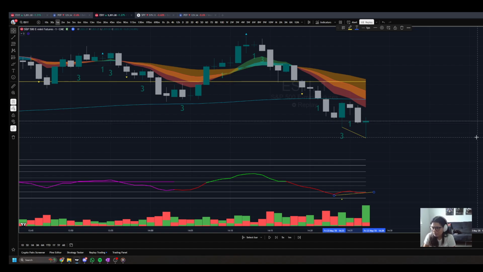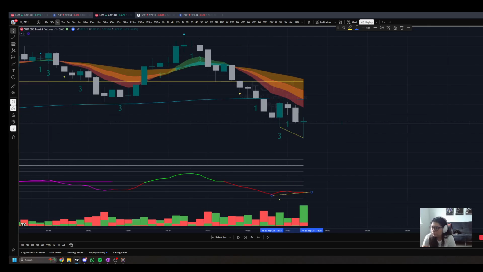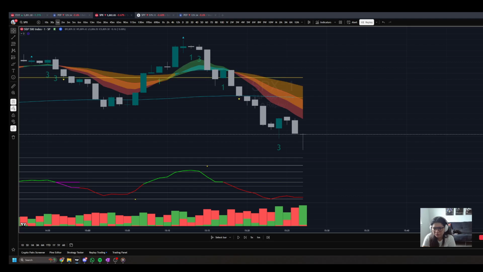For SPX, the 5820 call was pretty cheap around that time. Can't remember how much it was, but what you do is you enter something that's not too out of the money. Maybe two strikes or even one strike.